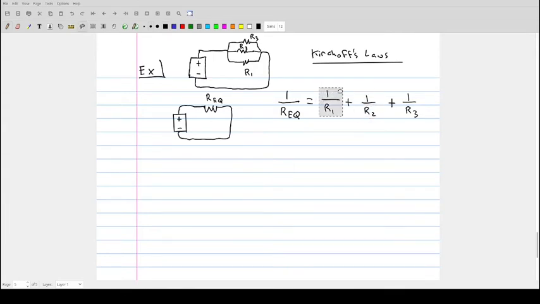So this is what the resistance law is for the equivalent resistance for resistors that are in parallel.